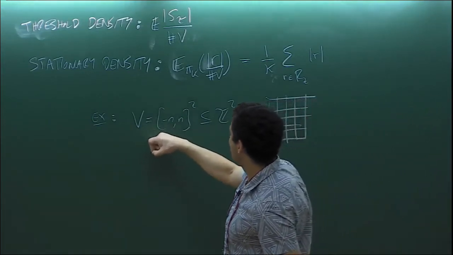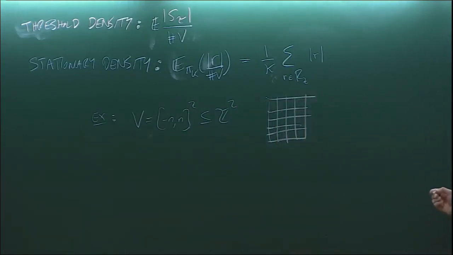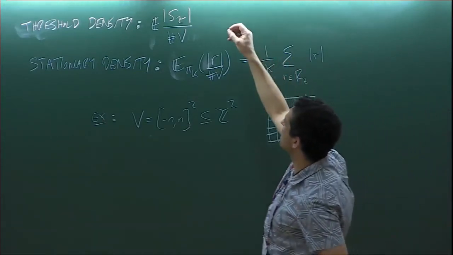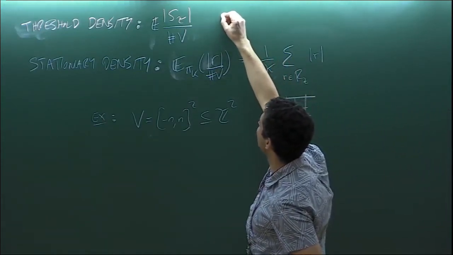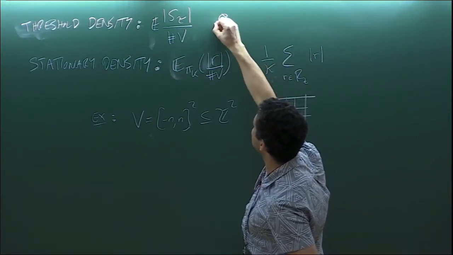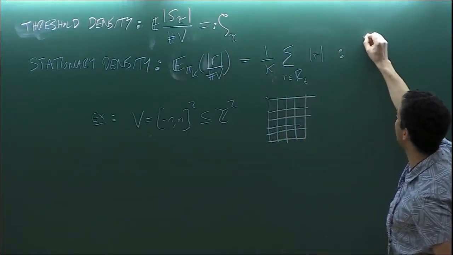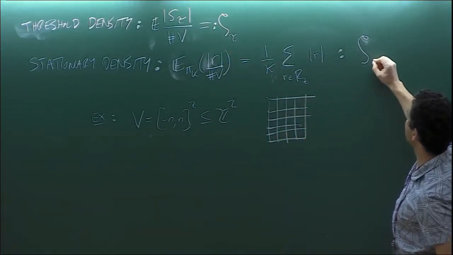So in that situation, here's what we know. Maybe I'll give these names. The threshold density I'll call zeta tau, and the stationary density I'll call zeta s.